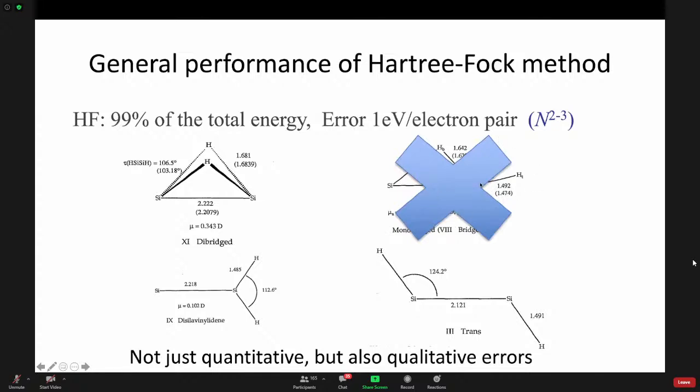So what that means is that 1% seems not to be a big deal. However, the 1% might be important, not just in a quantitative sense, but also in a qualitative sense. You can't describe this. So that means that Hartree-Fock is doing a good job, but you have to do better. So from the next slide, I want to explain how we go beyond Hartree-Fock.